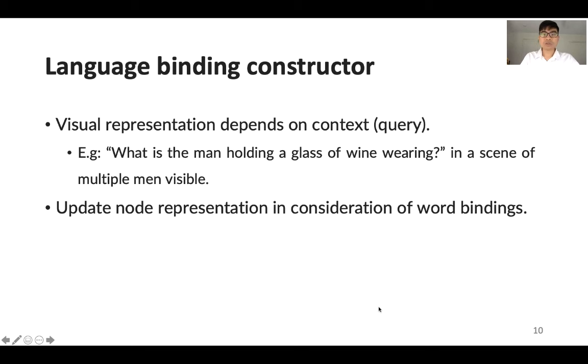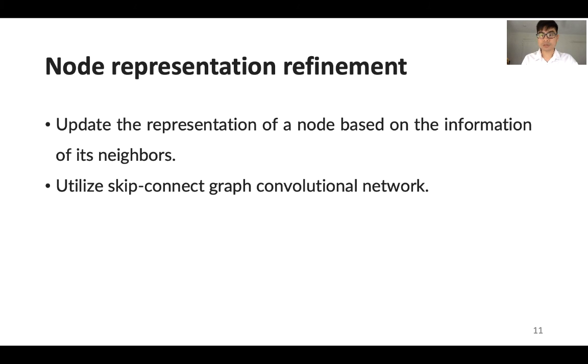The language binding constructor decides how much a word affects the representation of a visual object. We calculate the weights based on an attention mechanism as well. And then we update the representation of visual objects by taking into consideration the effect of language binding. The combined object representation is simply the concatenation of the visual representation itself and the weighted sum of the linguistic words.